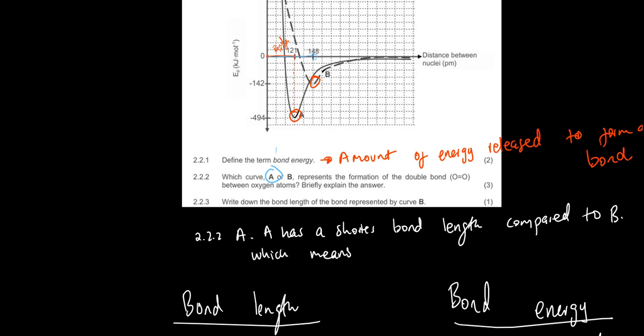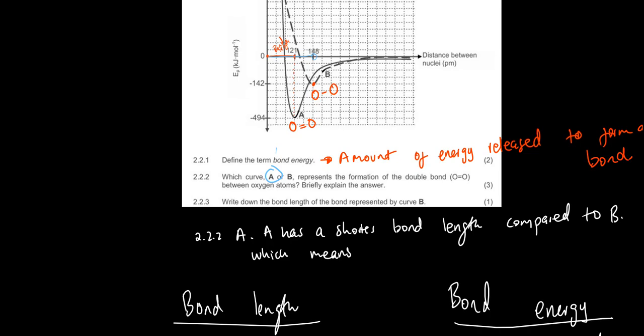Even though we know as time goes on, the forces of repulsion are going to start to become dominant. So you explained to us that that is the lowest energy point, which is true. But it still doesn't give us sufficient reason as to why we can say this lowest point of A represents the double bond for oxygen, and this one is representing the single bond for oxygen.